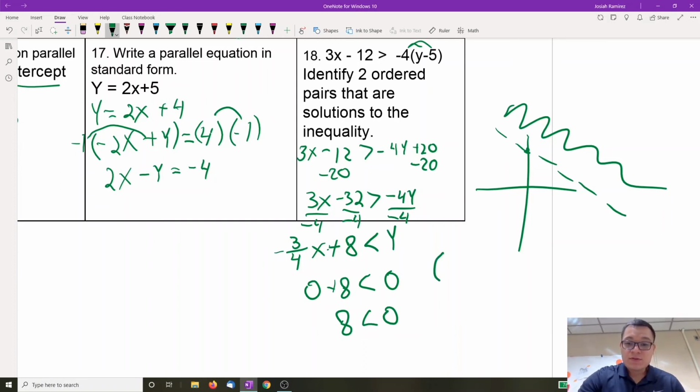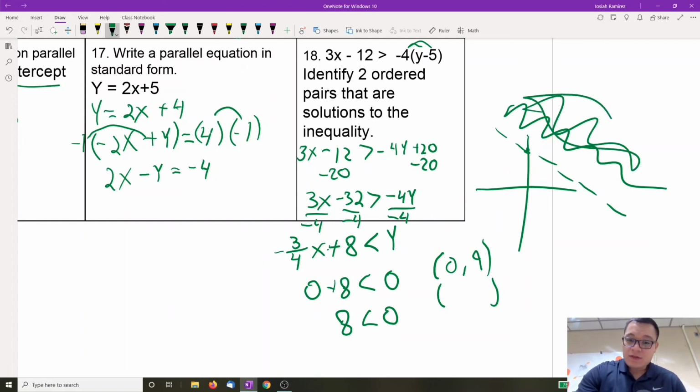So 2 points that would probably be higher would be, well, if the y-intercept is 8, then if I make a number that's a little bit above 8, like 0, 9, that would be a solution. And if I pick something way over here, like maybe 100, 100, that's going to be another solution.